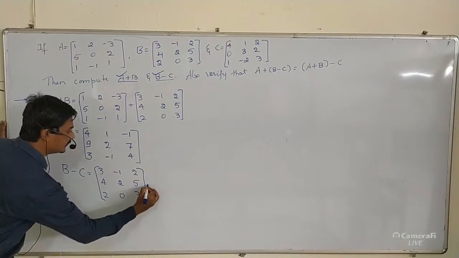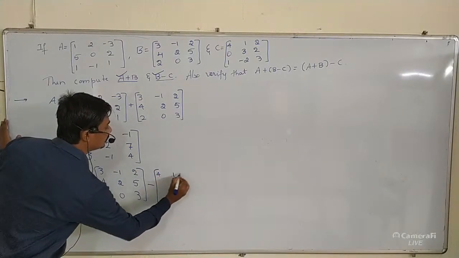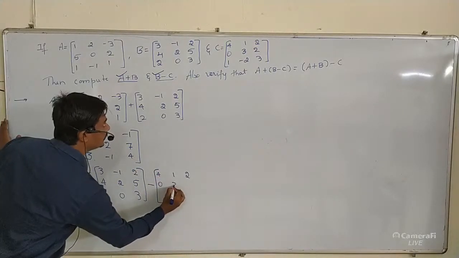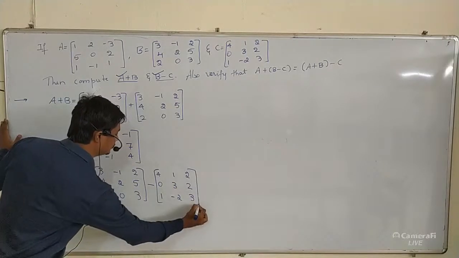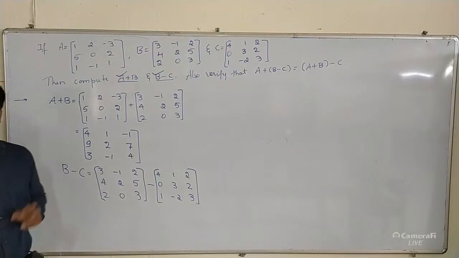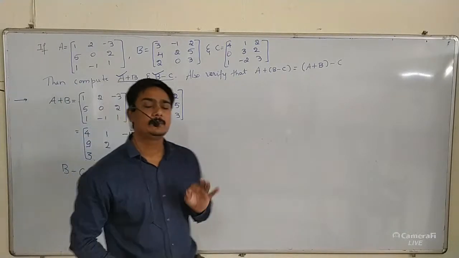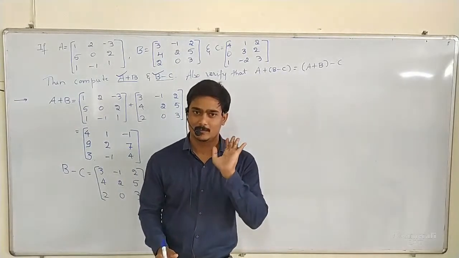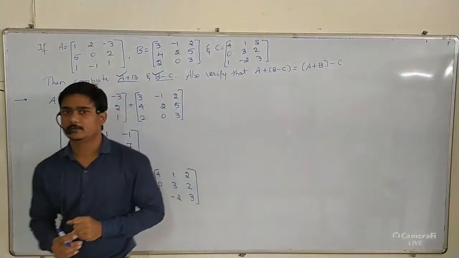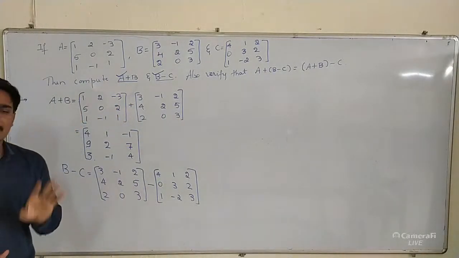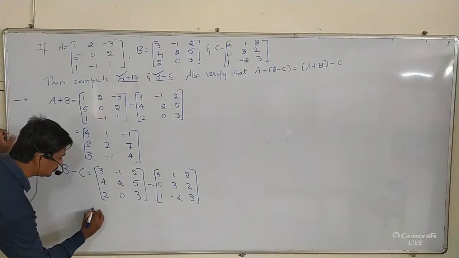This is the B minus C matrix, 4 1 2 0 3 2 1 minus 2 3. How do we subtract two matrices? Two matrices are subtracted by subtracting the corresponding elements. While we add or subtract, we use the concept of adding or subtracting the corresponding elements.